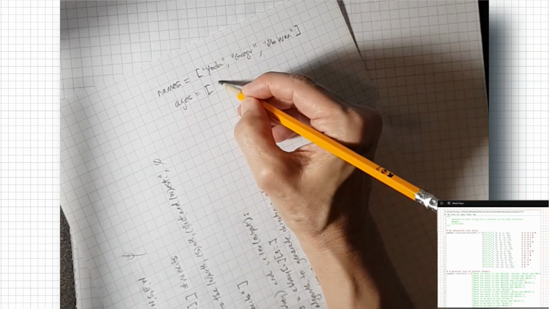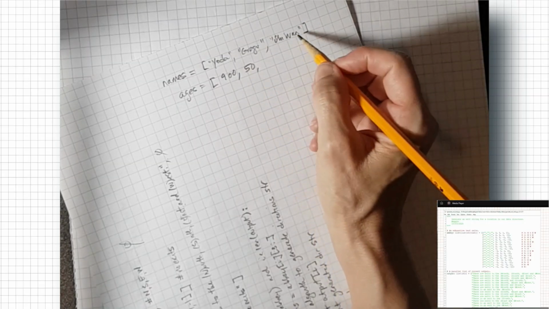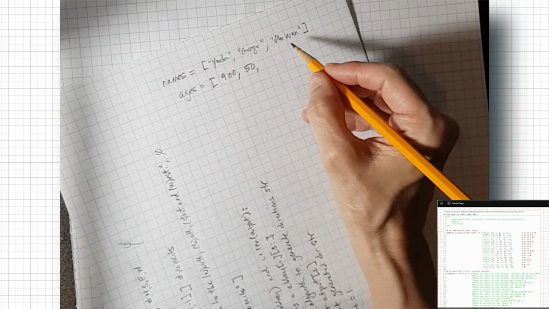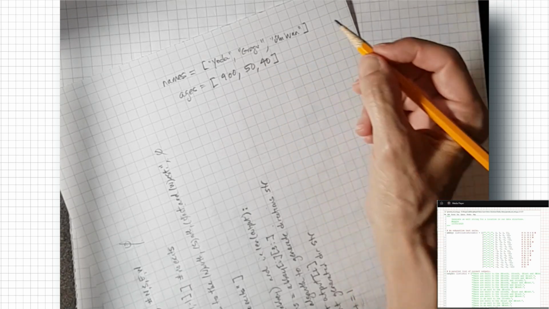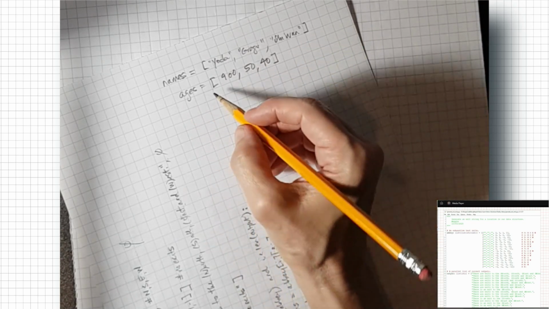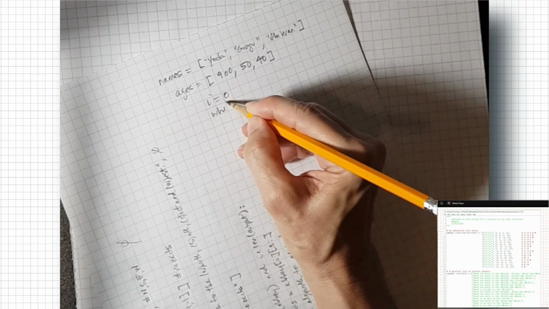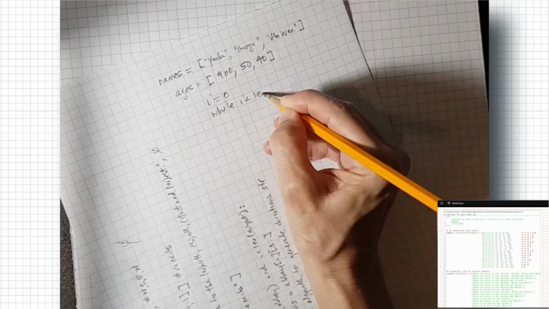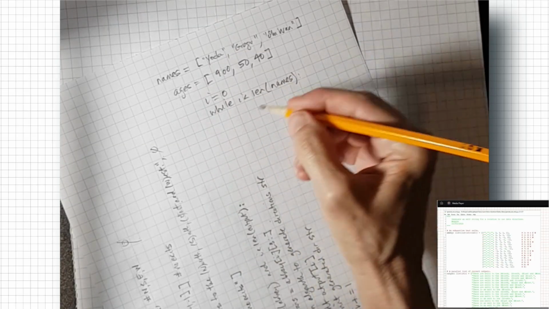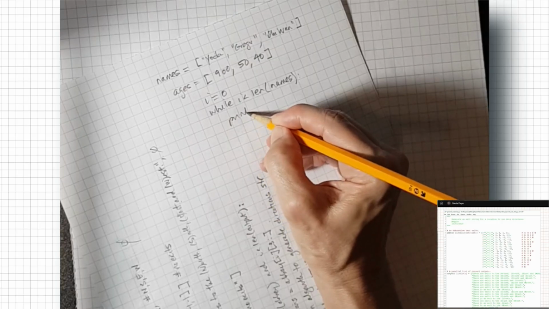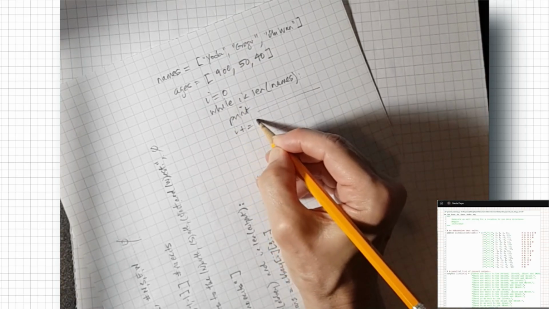We know Yoda was 900. We know Grogu is around 50, and Obi-Wan ages incredibly fast. No idea how old that man is, but let's say he's 40 years old. Okay. So then we can loop over that, i equals 0, while i less than len. We can do both, or we can just say len names. Print, and I'm going to leave this blank, and I'll put i plus equals 1 here.